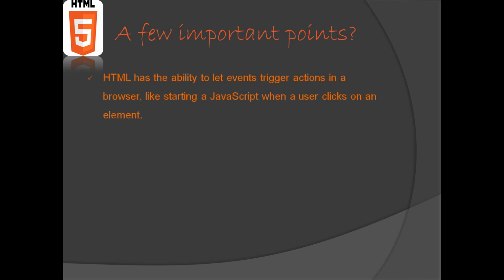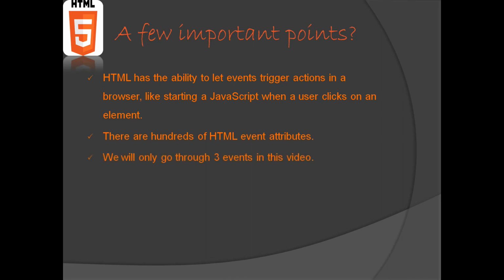First thing first, HTML has the ability to let events trigger actions, as I was saying, in a browser, like starting a JavaScript when a user clicks on an element. Second point, there are hundreds of HTML event attributes, but for the purpose of this video, we will only go through three of them.